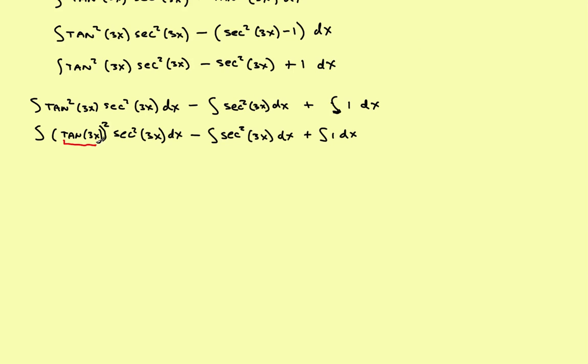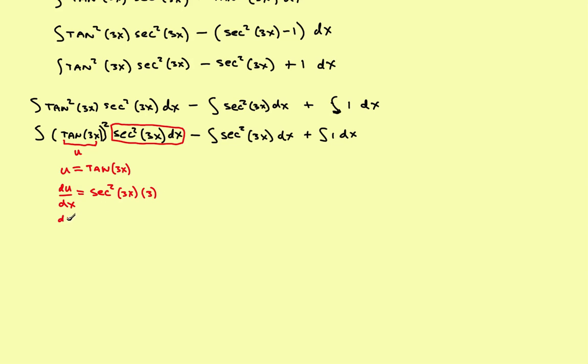So on this one right here, if you let u be equal to tangent, then the derivative will get rid of this part right here in u substitution. So let's do the u substitution. So u is equal to the tangent of 3x. So du dx would be equal to, now the derivative of the tangent is the secant squared. But don't forget that's a composite function. 3x, the derivative of the inside part would be a 3.